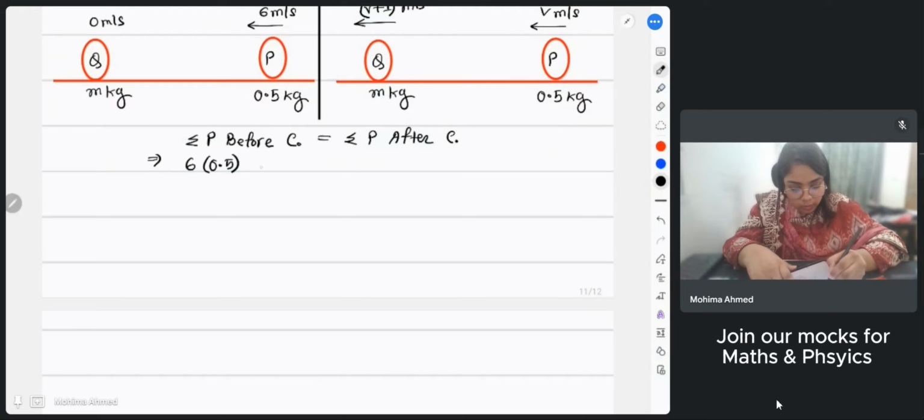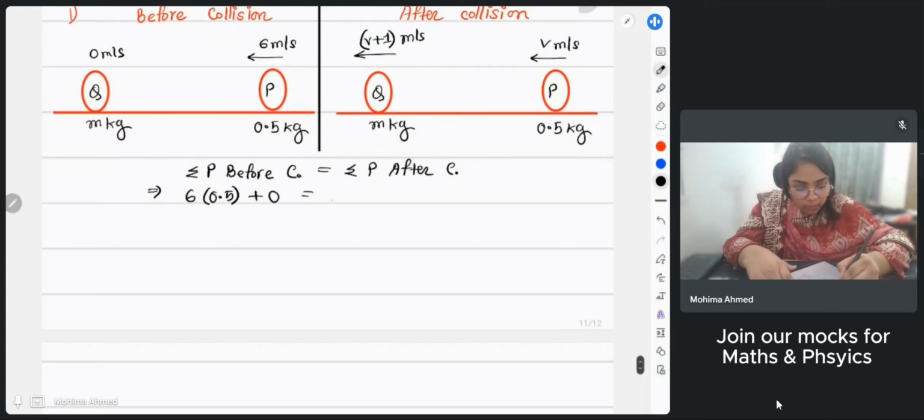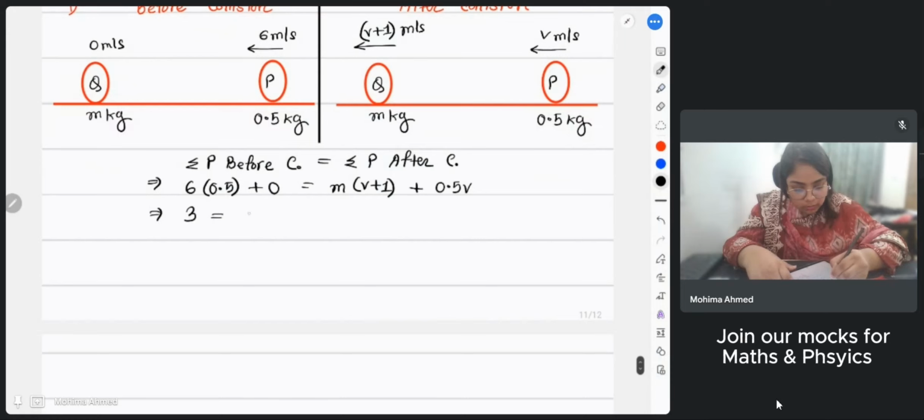And then after collision, it's going to be m multiplied with v plus 1 plus 0.5v, which is 0.5 multiplied with 6 is easily 3. And this is mv plus m plus 0.5v.